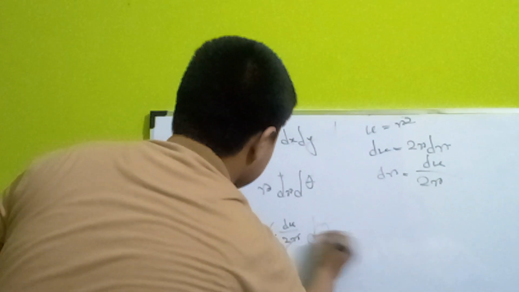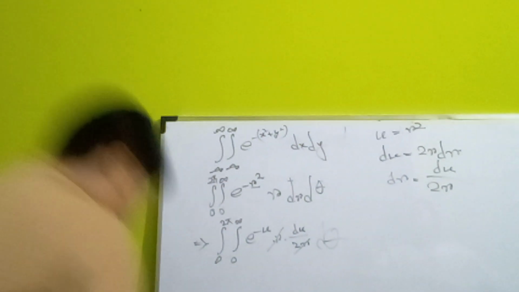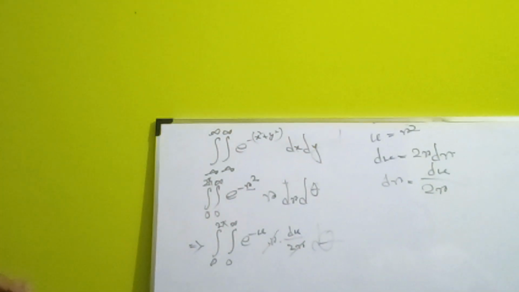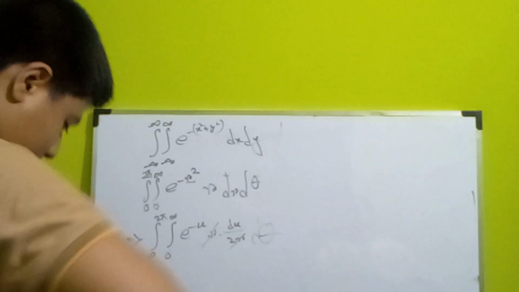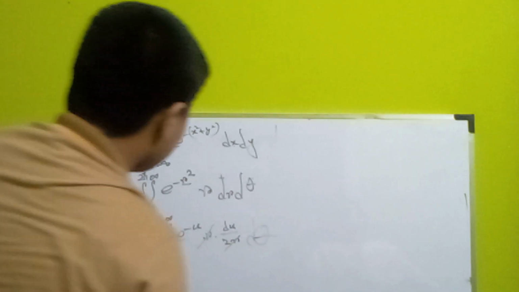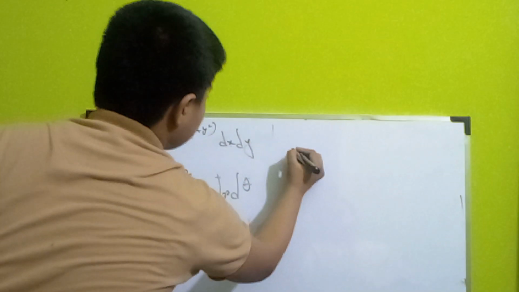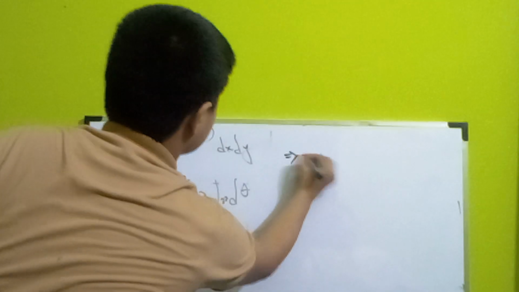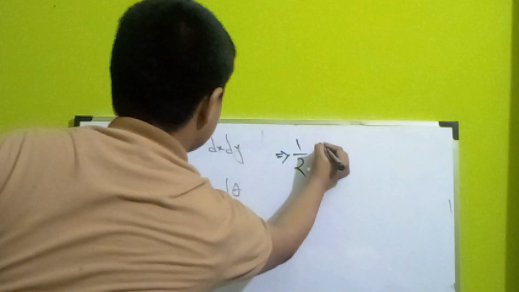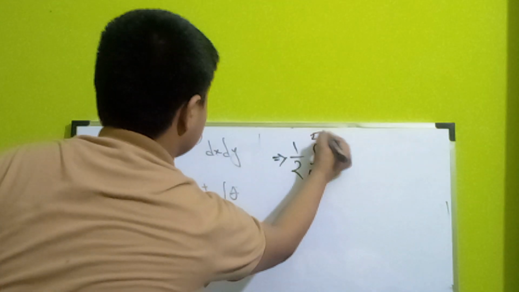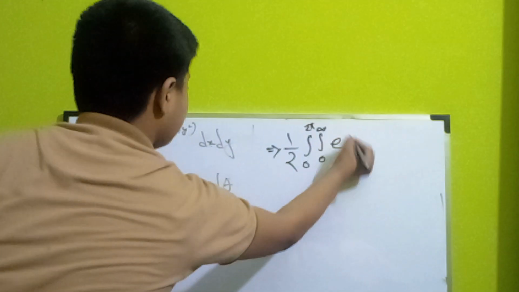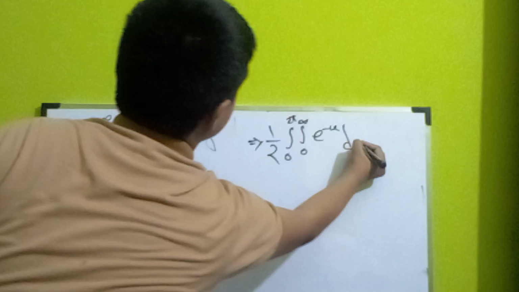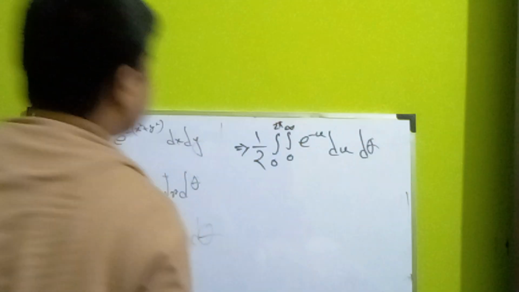And lastly, d theta. As 1 half is a constant, we'll just take it outside the integrals.